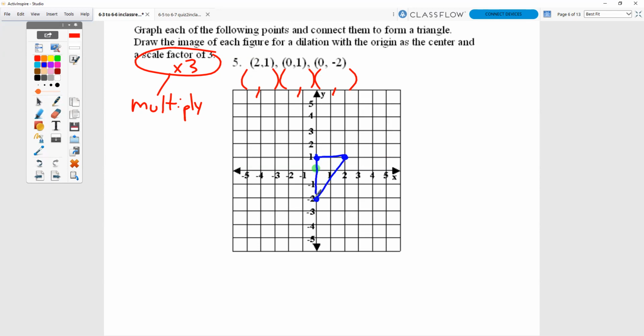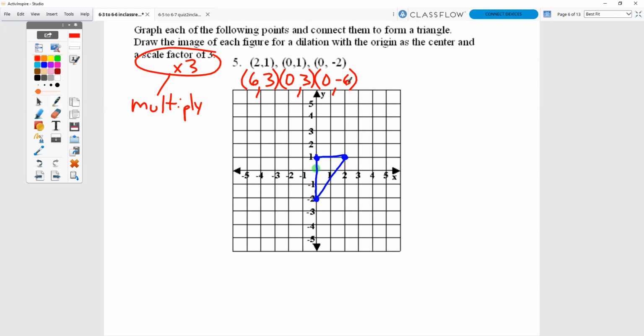Here's our original triangle. Now that we have our original triangle, I want to multiply all 6 of these numbers by 3. 2 times 3 is 6. 1 times 3 is 3. 0 times 3 is 0. 1 times 3 is 3. 0 times 3 is 0. -2 times 3 is -6.